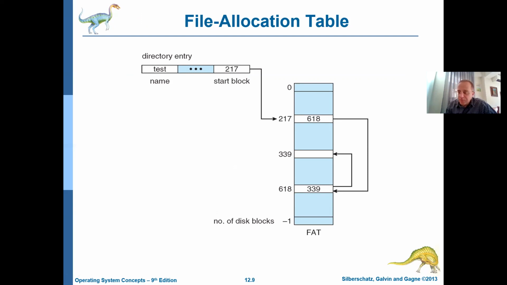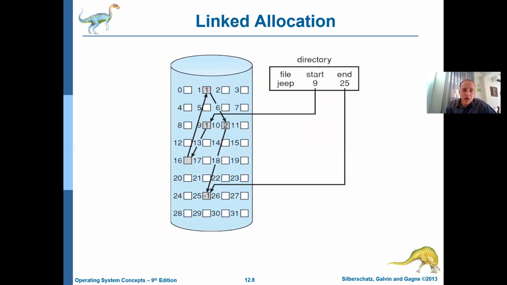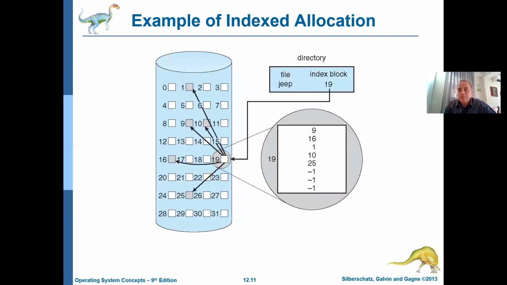How is it applied? Into the file itself, you're going to put the information about the file. But unlike in the previous method, where the information is spread out throughout all the blocks, and if I want to get to the last one I have to go through this whole wild goose chase, or treasure hunt, till I finally get to the last place, here we're going to say, let's sacrifice the first block of the file.